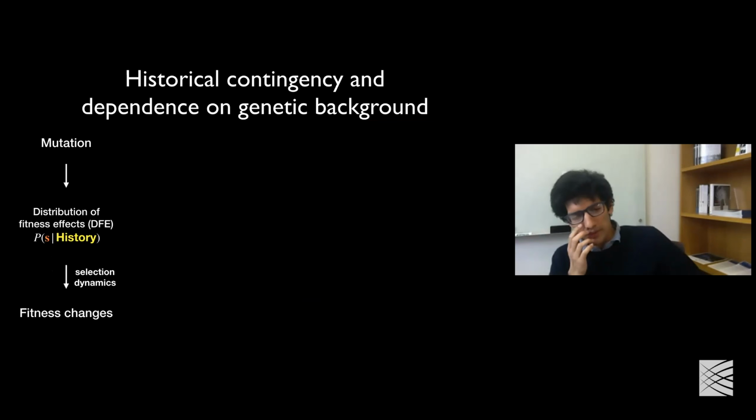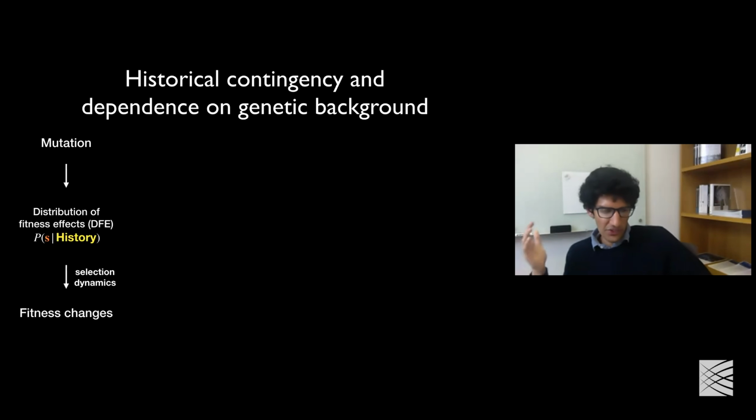Now, when we think about epistasis, the issue gets complicated because you have contingency, which is a very strong dependence on the genetic background. If we go back to our original simplified picture of adaptation, a mutation arises and has a fitness effect drawn from a distribution of fitness effects. This distribution depends on the background; specifically, it depends on the entire evolutionary history of the organism.